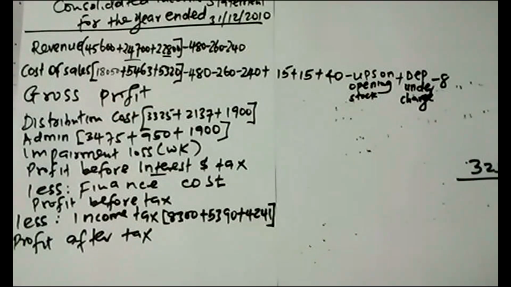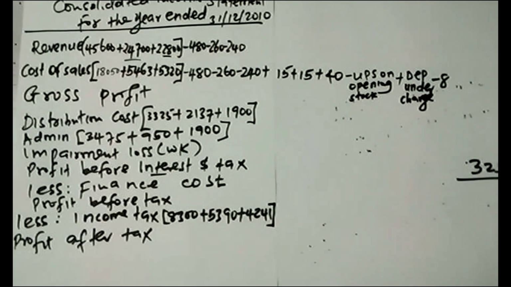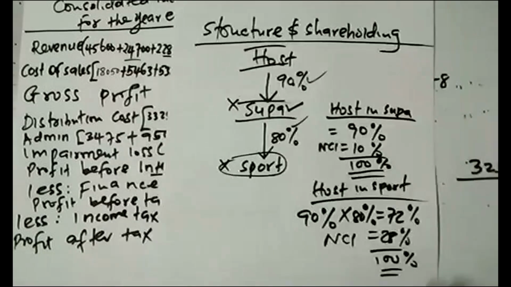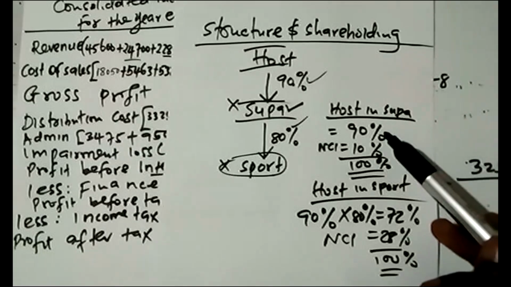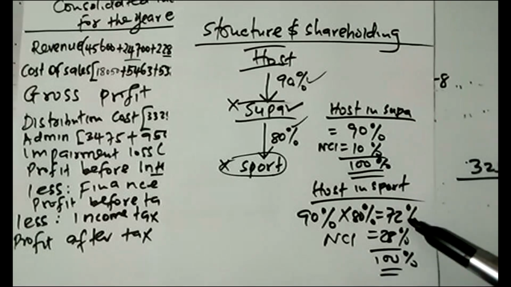And you know that the parent doesn't control the relevant subsidiaries up to 100%, but he controlled them up to 90% and up to 72%. I think you remember when I started by drawing the structure, whereby we said that he controls Super up to 90% and he controls Host up to 72%.